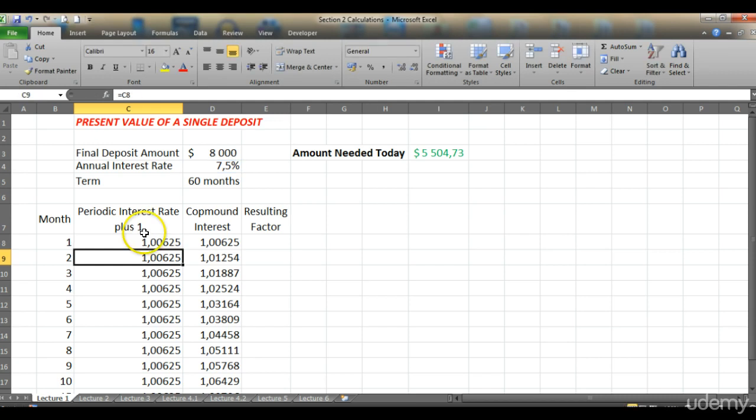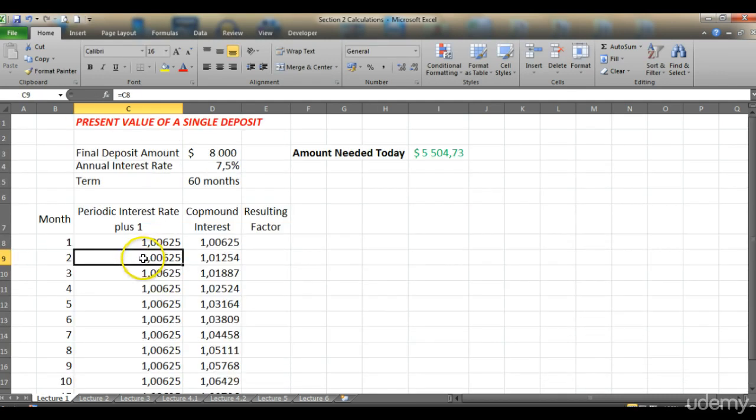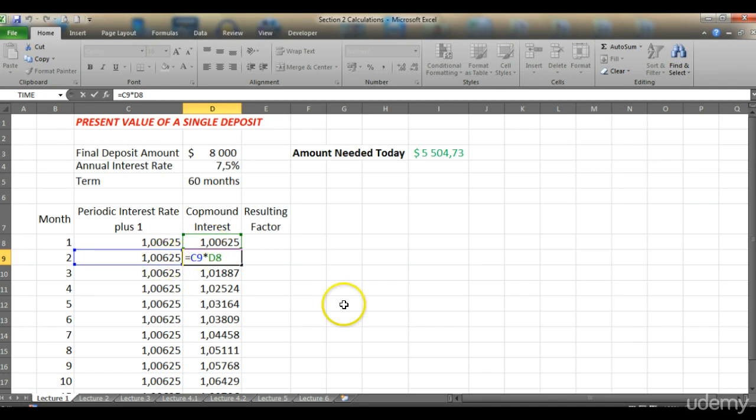And this periodic interest rate plus 1 is the same for each month in the period. The compound interest for the first month is the same, but for every other month afterwards, the formula for compound interest is the compound interest from the previous month multiplied by the periodic interest rate plus 1.